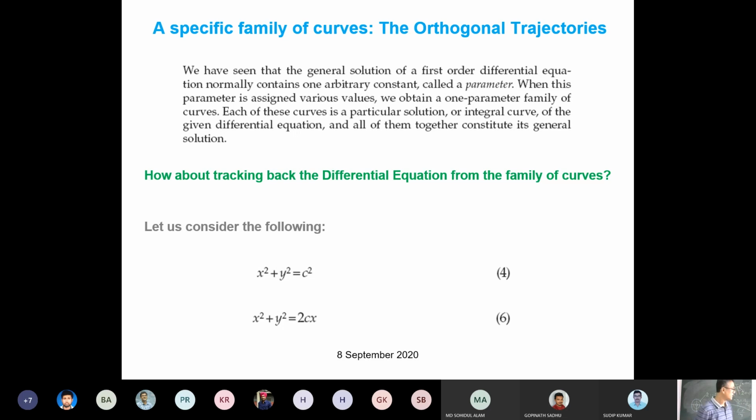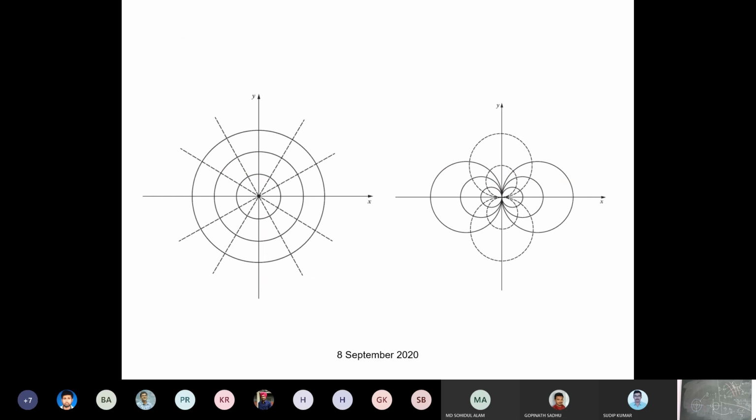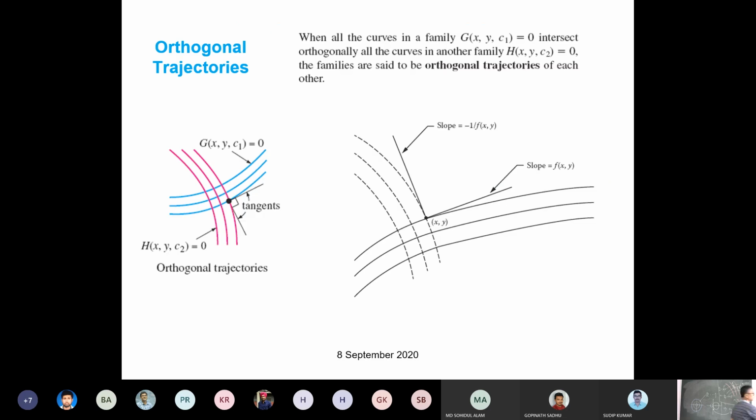Is it okay? Fine. In your next, I'll come back to that later on. So this is the formal definition of orthogonal trajectory, and you can see on the right panel how this has been worked out. Is it okay? Fine.